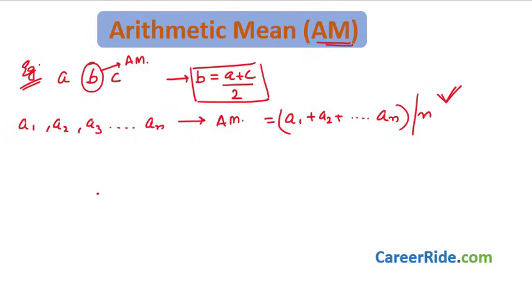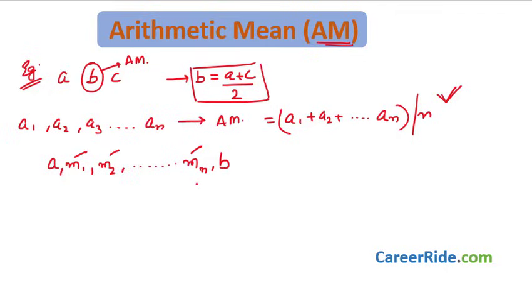Now there will be questions where you may be given the first term and the last term, and you might be asked to insert n arithmetic means between these two given numbers. So the arithmetic means that I am considering here are M1, M2, M3, so on till Mn, because I am required to insert n arithmetic means here, right?